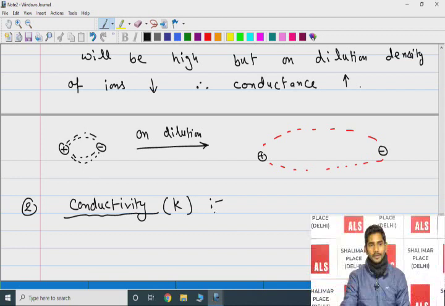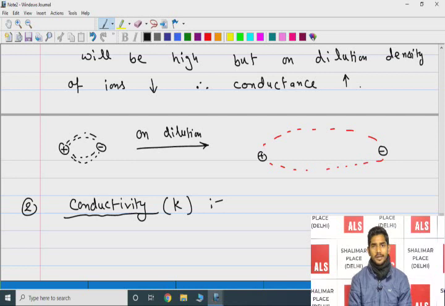Guys, tell me one thing. We have learned that conductivity is the conductance of ions in 1 ml solution, or per ml solution. On dilution, will the number of ions per ml increase or decrease?